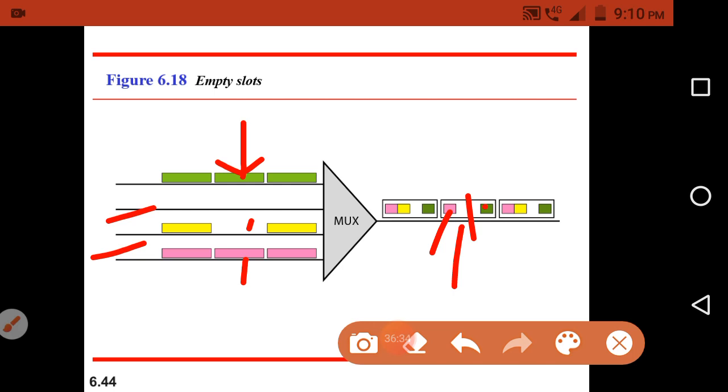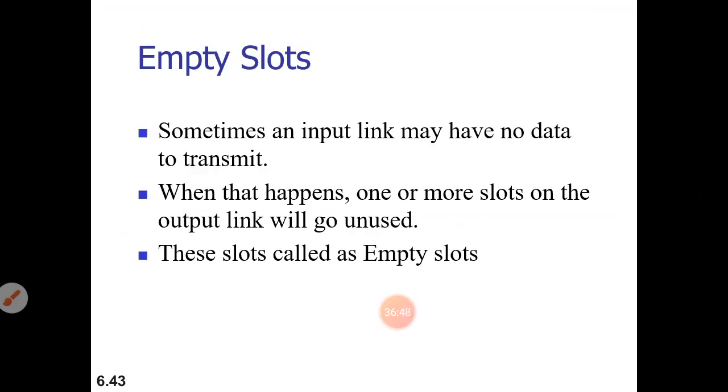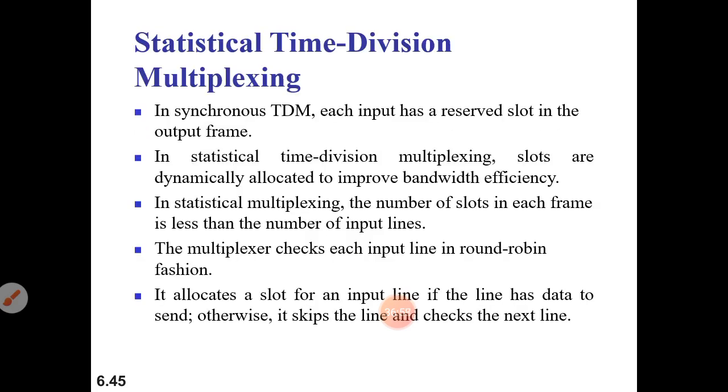In two of the input links no data is present, but the output slots are still allocated, and that is what we call empty slots. So when an input link has no data to transmit, one or more slots on the output link may go unused, and these slots are called empty slots.